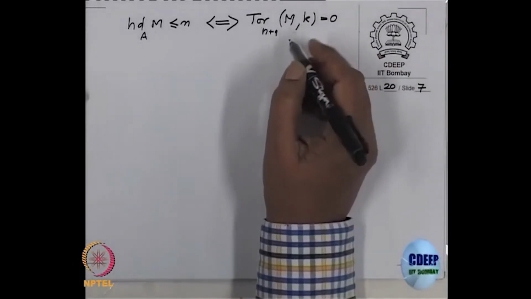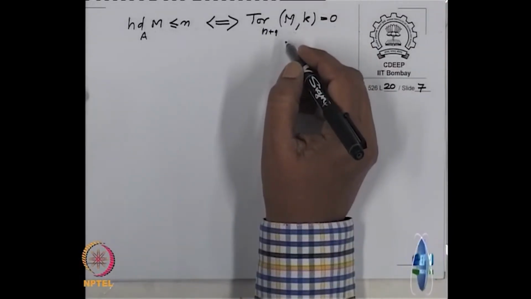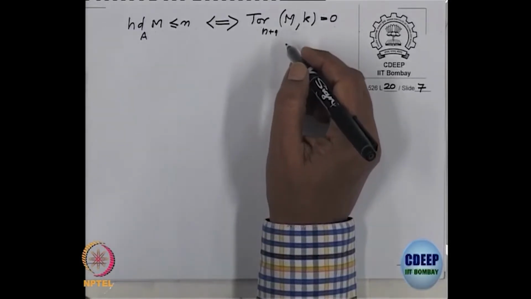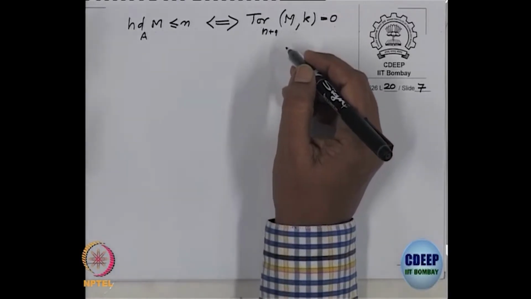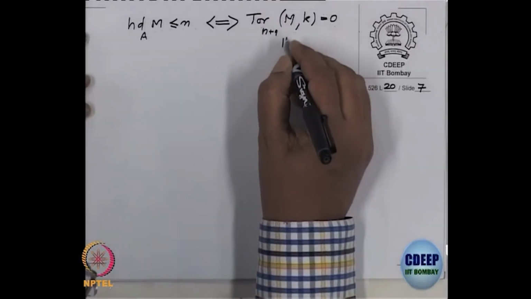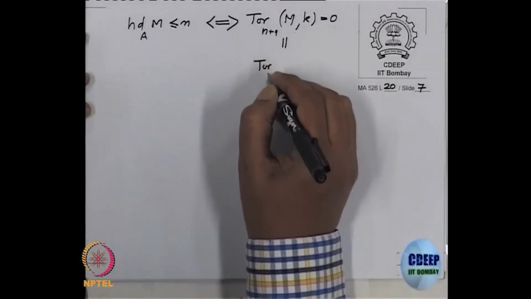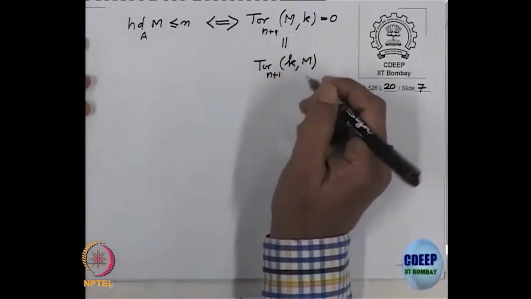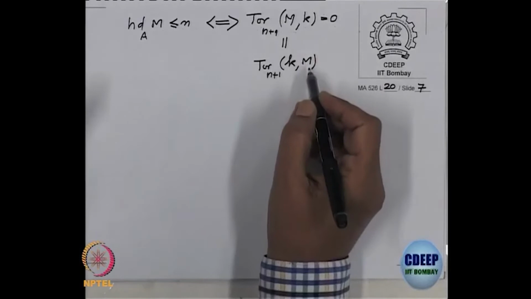But we know that Tor commutes. I can interchange the variables because the tensor product is commutative: M tensor N is isomorphic to N tensor M. So, this is the same as Tor_{n+1}(k, M), and this one is 0.